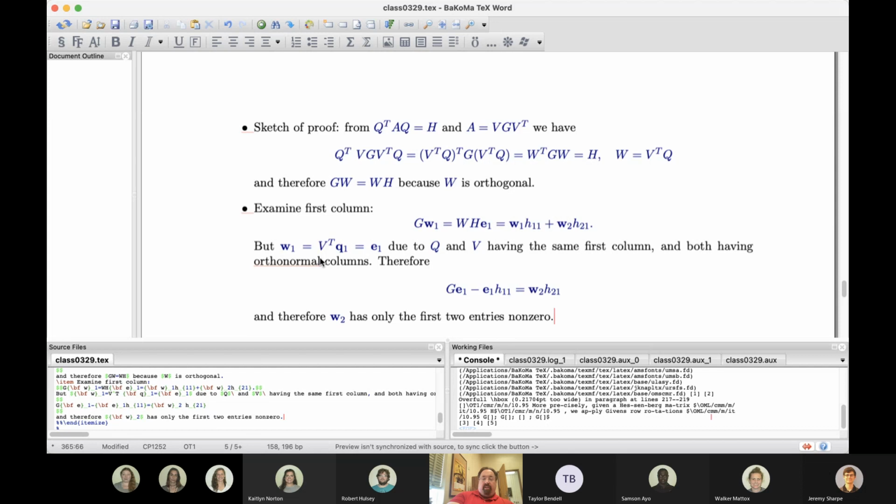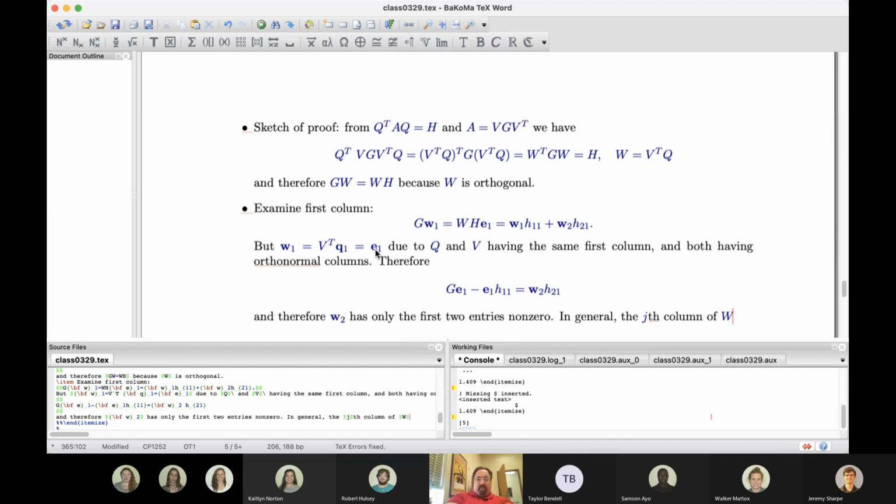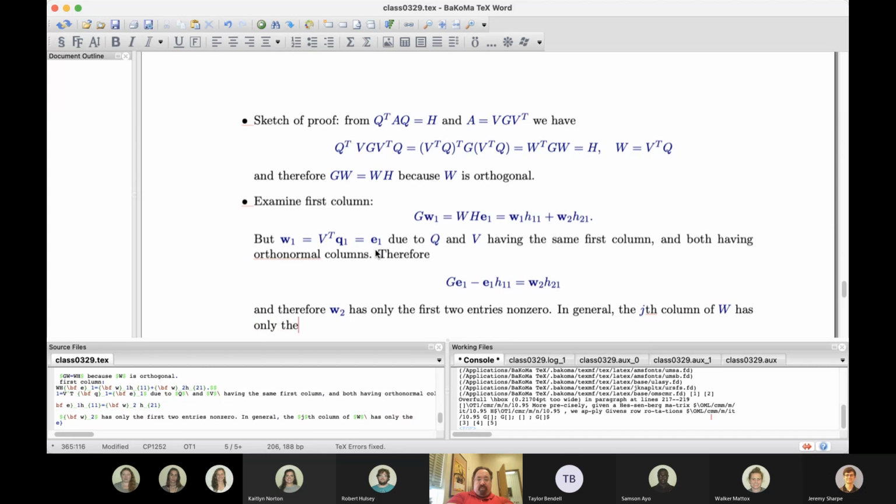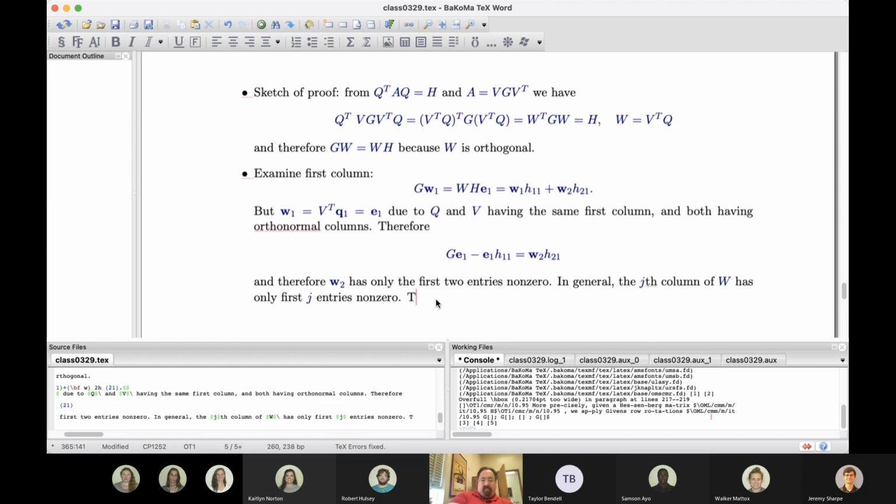Okay. So the first column of W has one non-zero entry. Second column of W has two non-zero entries. So the jth column of W has only the first j entries non-zero. If you have a matrix like that, where column j has only the first j entries non-zero, what type of matrix has that structure?